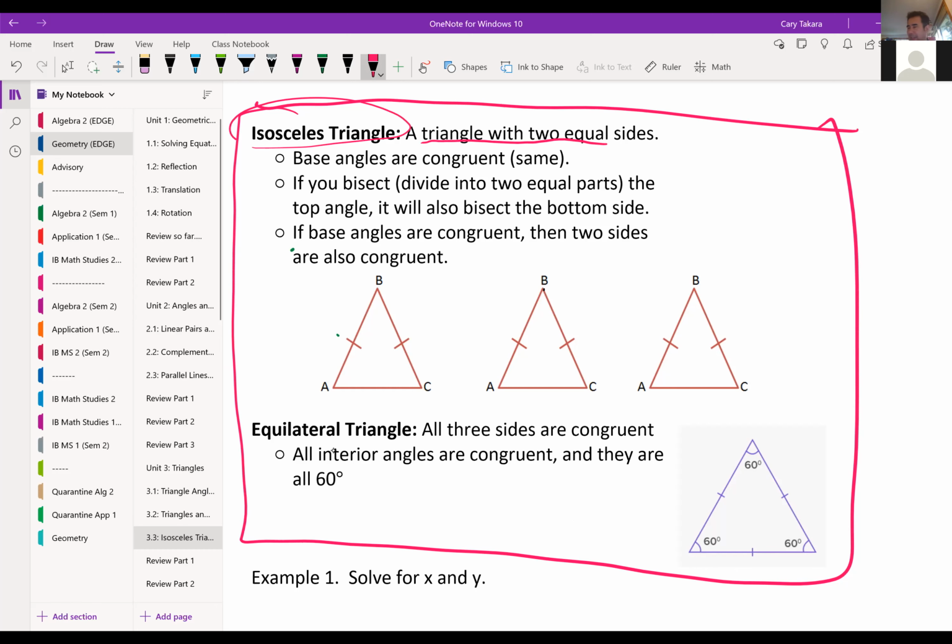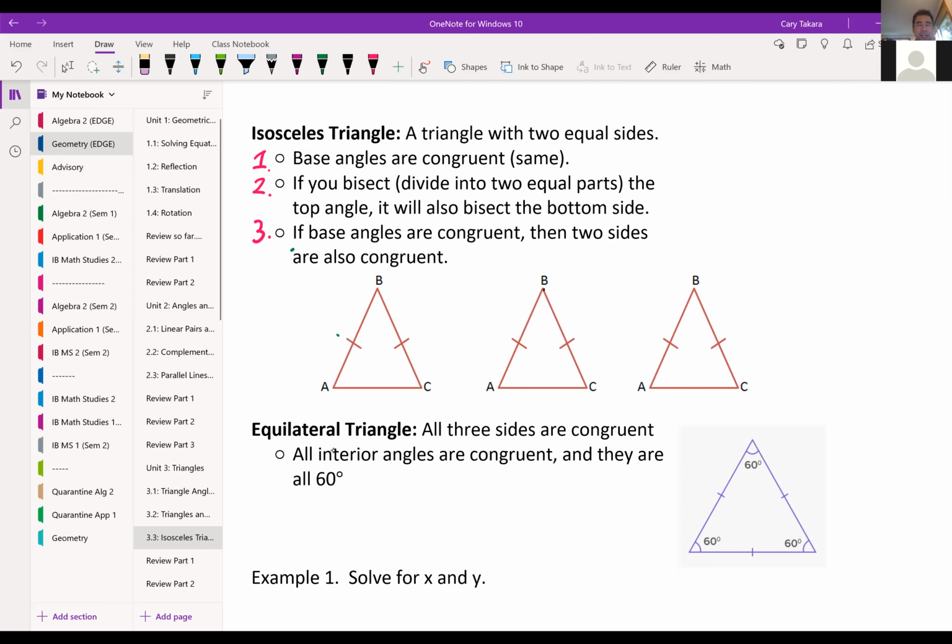Let me give you just 2 minutes to write down all the descriptions, or properties. In an isosceles triangle, I want to talk about three properties: 1, 2, 3. But please write it down right now. And then the equilateral triangle has only one property that I would like to talk about.